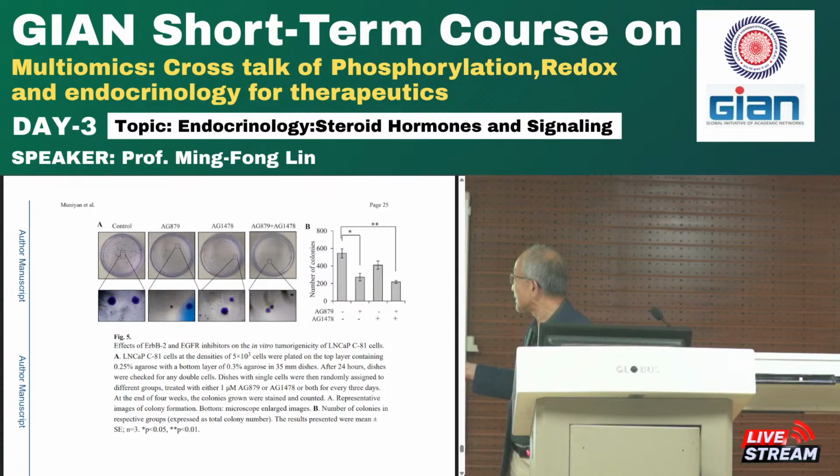With the EGFR inhibitor, AG-1478, they are still very big. The number is a little bit less, but the size is very similar, no change. When combining the two, the number decreases and the size slows down. So again, the data shows ERB2 is not only involved in cell growth, it is also involved in tumorigenicity.